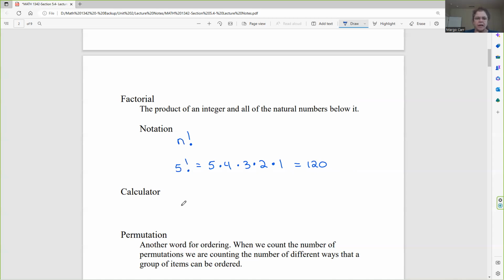So on the calculator, the way we do it, I'm not going to switch. I tried to do this before and I forgot to switch back. So let me just tell you the buttons on the calculator. I'm going to hit 5. I'm going to hit the PRB button. I'm going to scroll to the exclamation point.